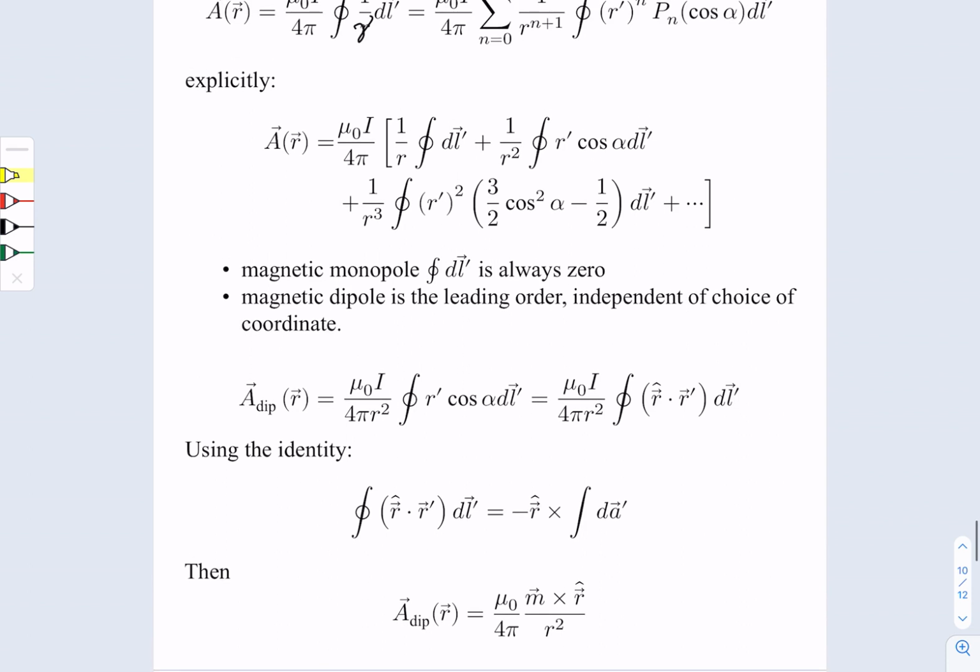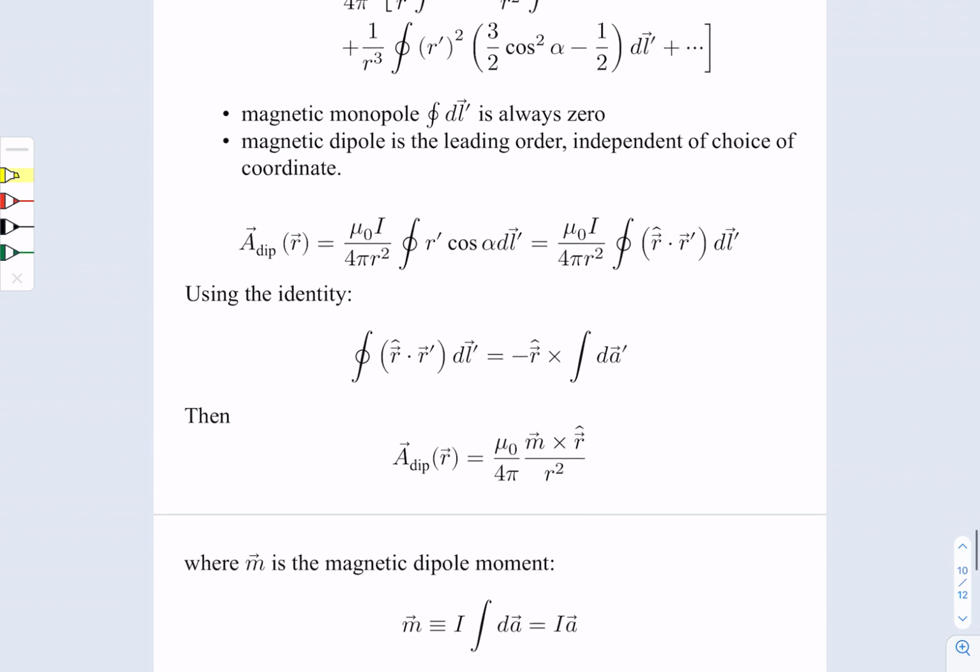Okay, so now we pull this r out of the integral, and then we can rewrite the dipole term similar to this electrical dipole term, except that we have to define m.